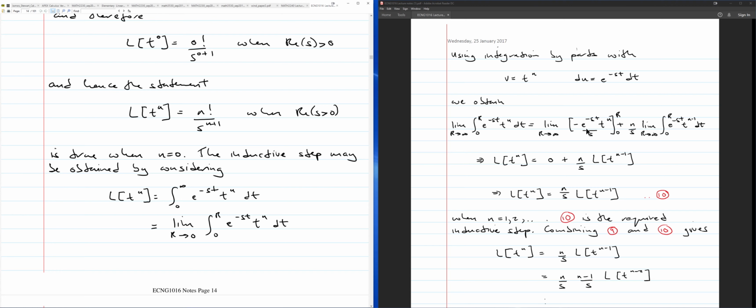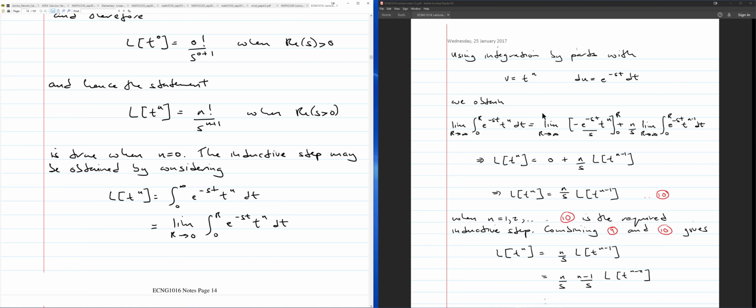So this here would be the u times the v. The u is minus e to the minus st on s, and the v is t to the n. So this is the uv over here, and then you want u dv. The u, as I said, was e to the minus st on minus s, and then the dv would be n t to the n minus 1 dt.